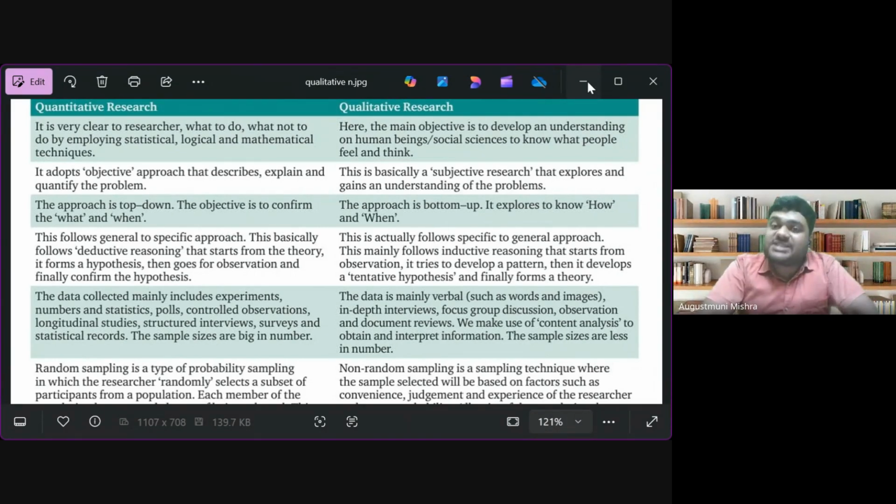This is a basic difference, because quantitative research is done by subjects that have particular formulas, those following the natural sciences, where everything is mentioned and is not going to change.